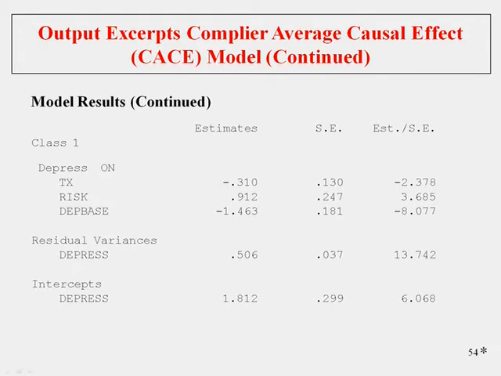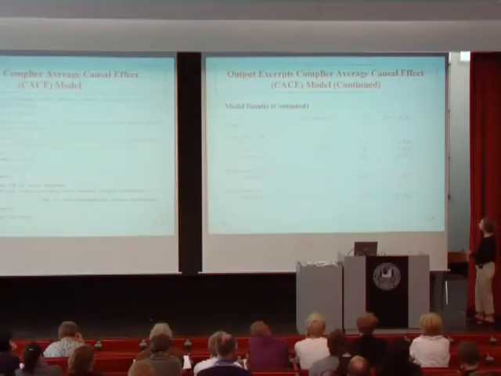The second column is the standard error of the parameter estimate. And the third column is the ratio. So that's like a z-score. So we would be looking for significance of values greater than the absolute value 1.96.